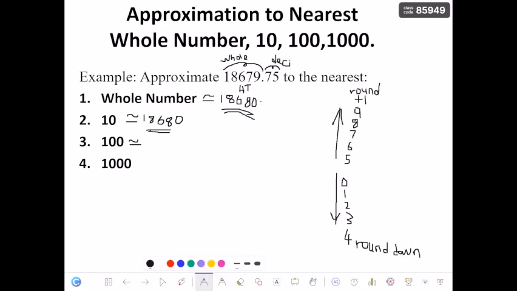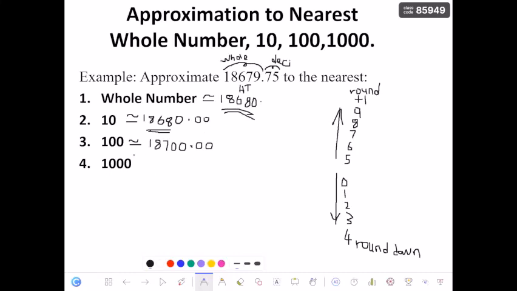So you add 1 to this 6. Your answer will now become 18,700. Then every other thing will be 0, 0. If you wish, you may continue the decimal point, but it does not really matter, because everything will be 0. After the point, if there is 0, it does not really matter. So take note of this.